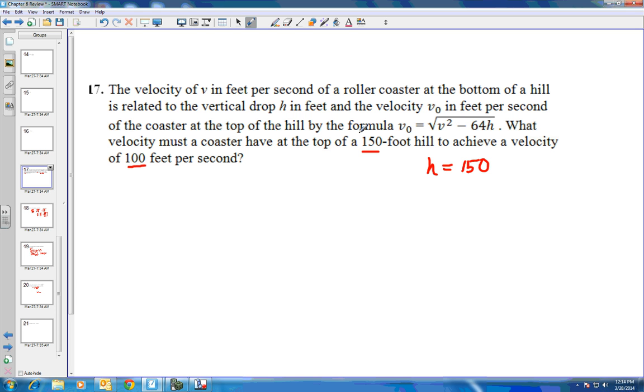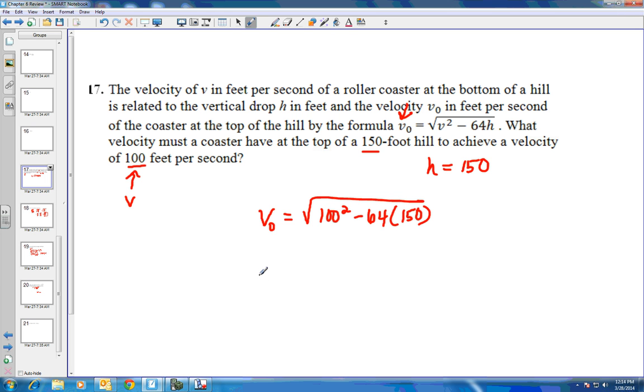Okay, well, if it's at the top, that's v sub 0, because it told me the velocity v sub 0 in feet per second of the coaster at the top of the hill. So that's what I'm finding. So this one goes in the place of v. So I have v sub 0 equals v squared, so 100 squared, minus 64 times h, but h is 150.